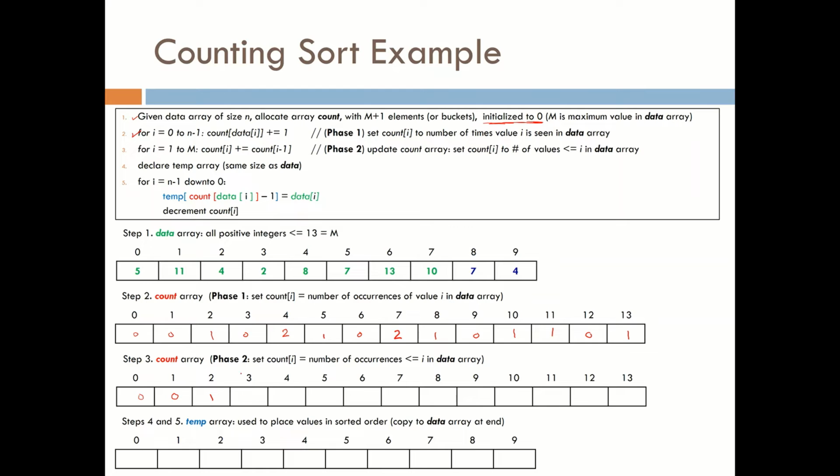Okay, the count of 3 is adding this count, what's in here right now, because this is the same array, to the previous value, and so that's a 1. Okay, the count of 4 is this 2 plus this 1, so it's 3. That means I've seen 3 things less than or equal to 4. What are they? This 2, that 4, and this other 4.